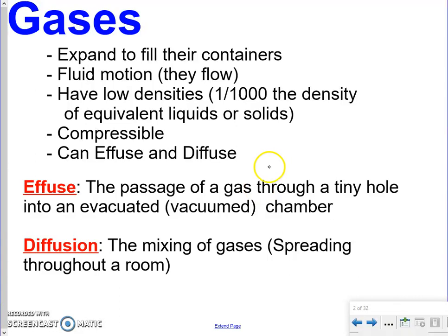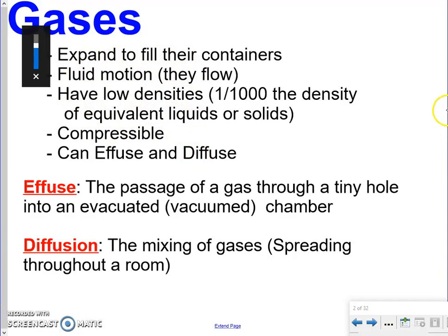Gas is now able to flow through that hole into that room, and it naturally does that because of the nature of a gas. We call that effusion. Diffusion is the same idea, but instead of a vacuum, it is just a regular room. This would be like spraying perfume in one corner of the room and the fact that it spreads and fills the room.